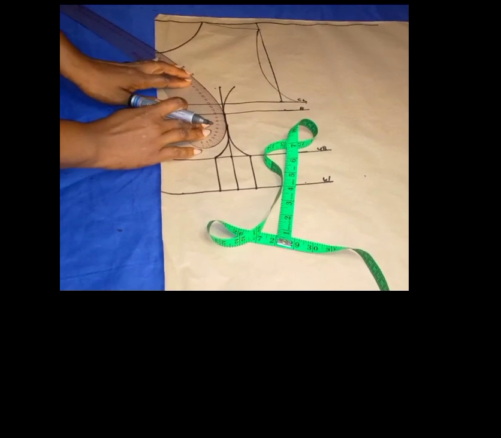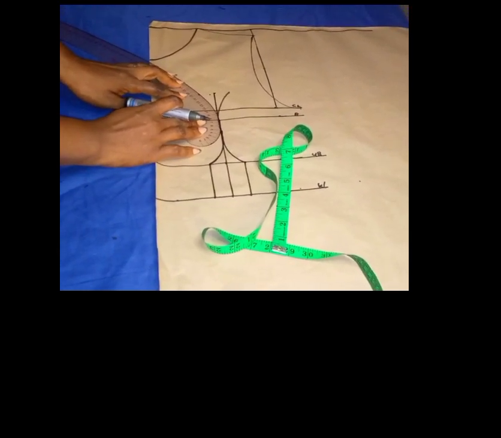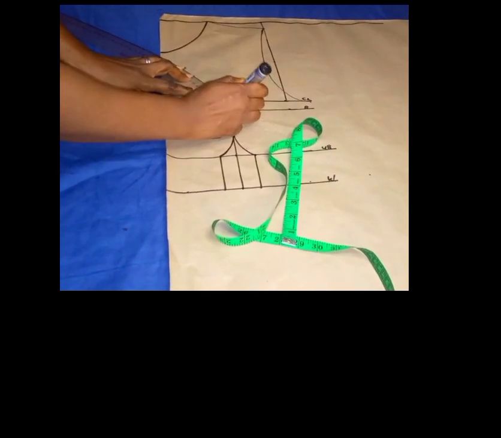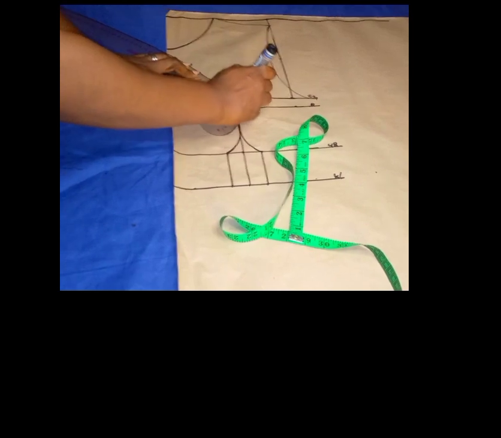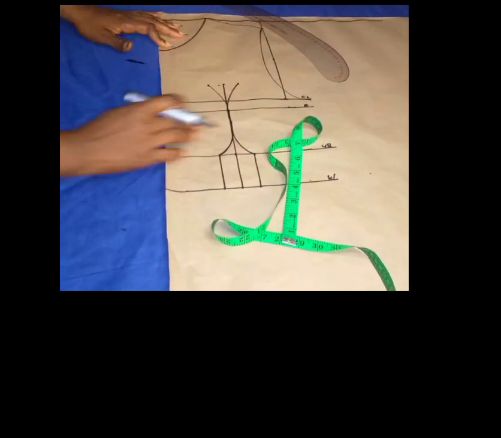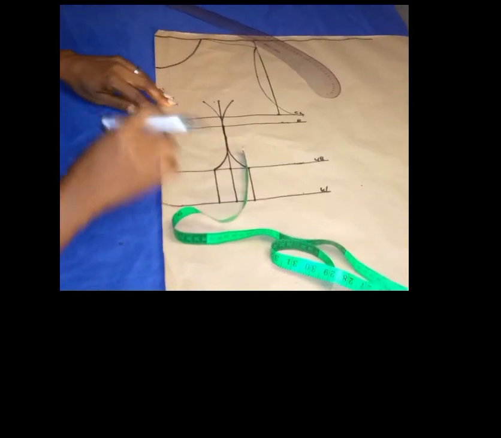Then I'm going to connect again to the left side. So this is what I'm having. Our corset is taking shape already.